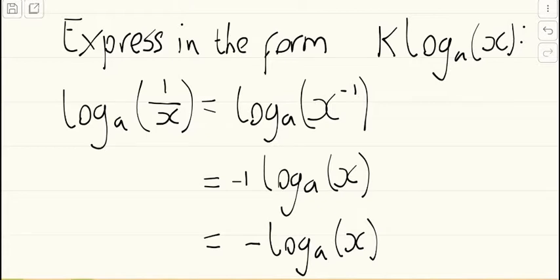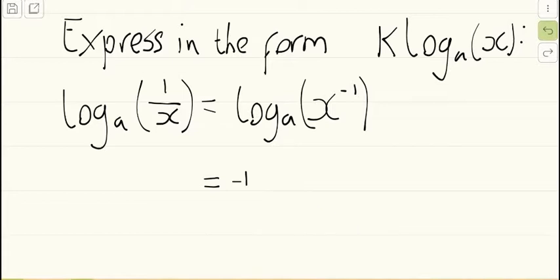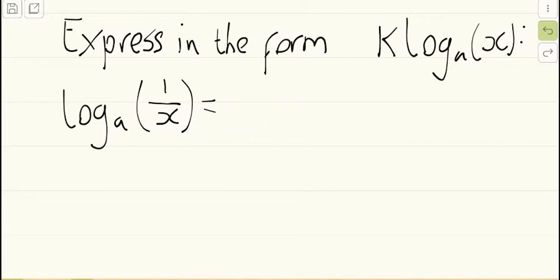Let's take another example. Again, we want to express it in the form k log to the base a of x. So suppose instead we had log to the base a of the square root of x.